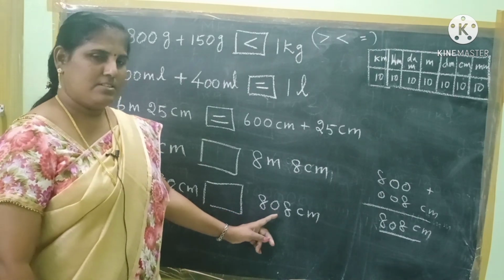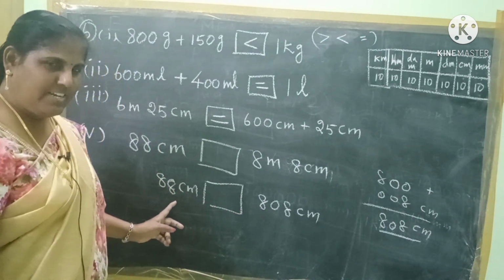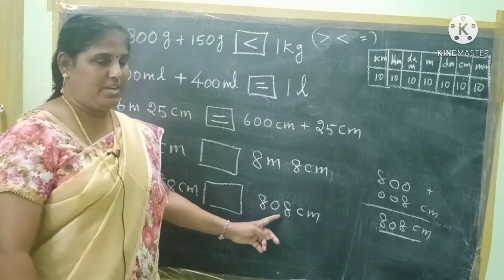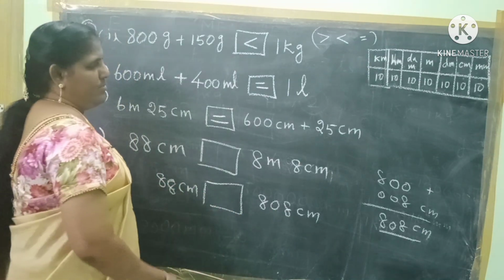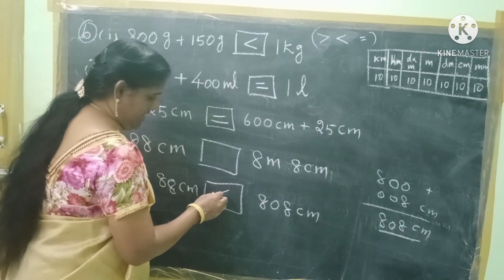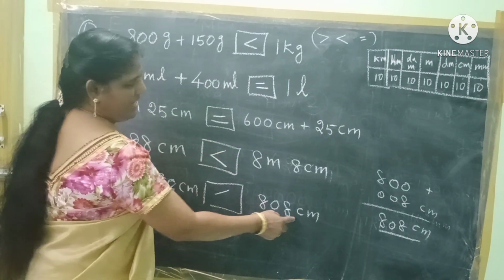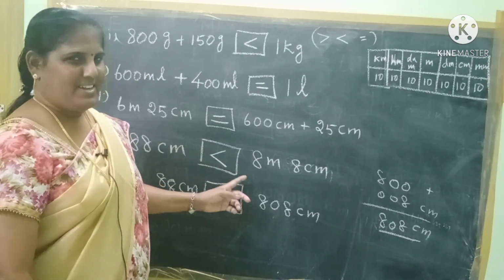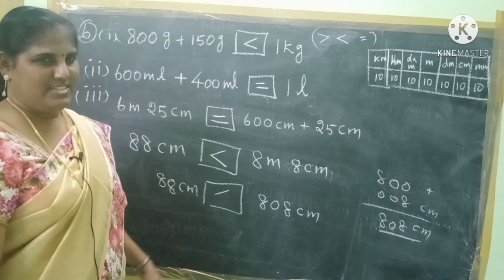Yes, this one, because the other is only 88. 808 centimeter is greater. So you put the symbol: 88 centimeter is less than 808 centimeter. Okay, children, let us see the next one.